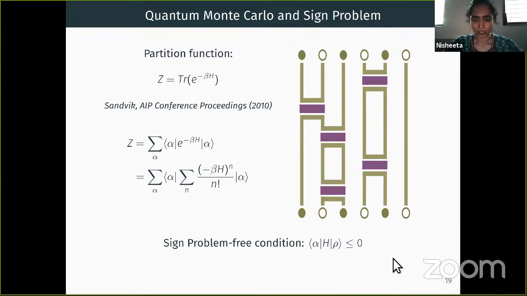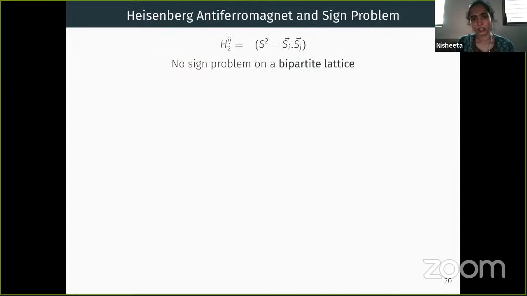So now, what are the Hamiltonians that satisfy the sign problem-free condition? One Hamiltonian is the Heisenberg antiferromagnet. If you take the Heisenberg antiferromagnetic exchange, here capital S is the value of the spin.